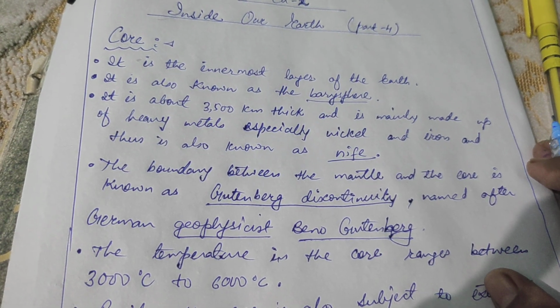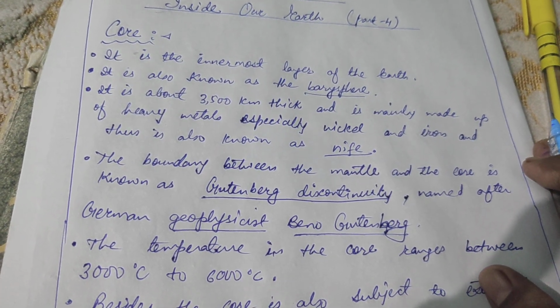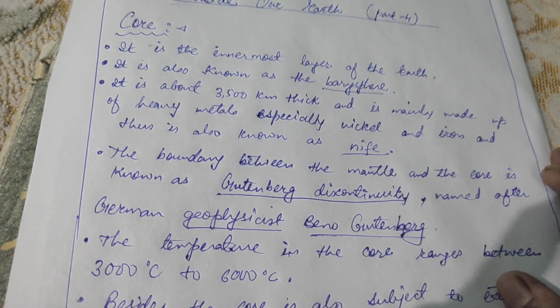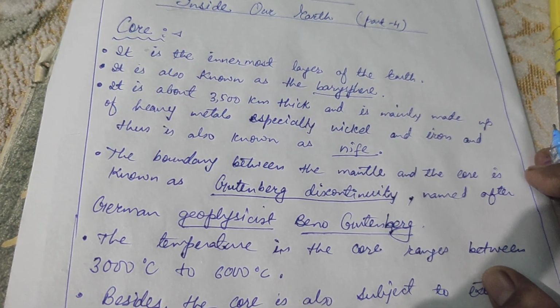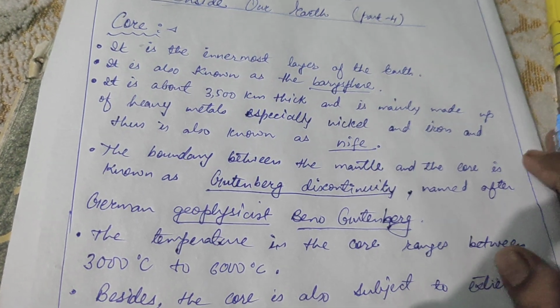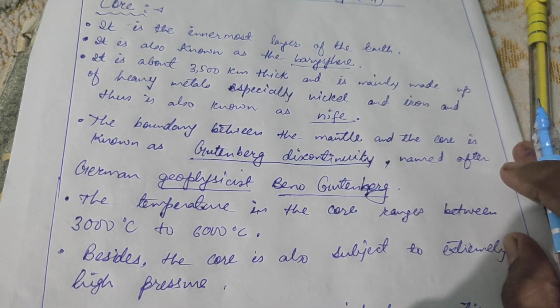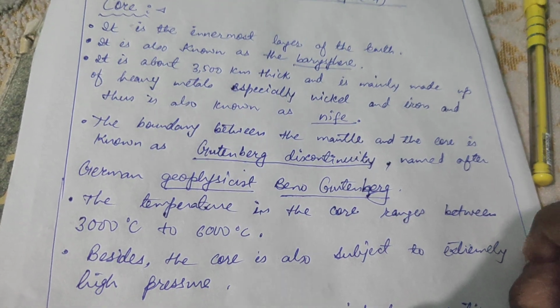The temperature in the core ranges between 3000 degrees centigrade to 6000 degrees centigrade. What is the temperature of the core? 3000 degrees centigrade to 6000 degrees centigrade. Besides, the core is also subject to extremely high pressure.